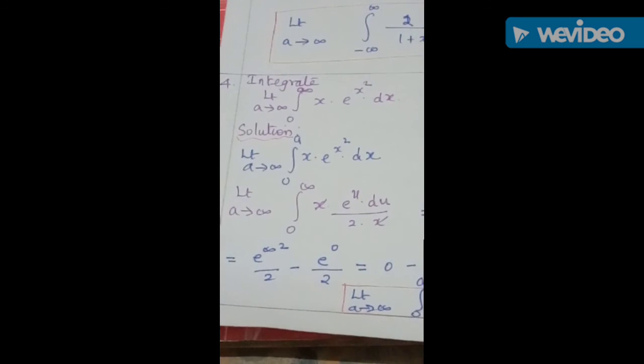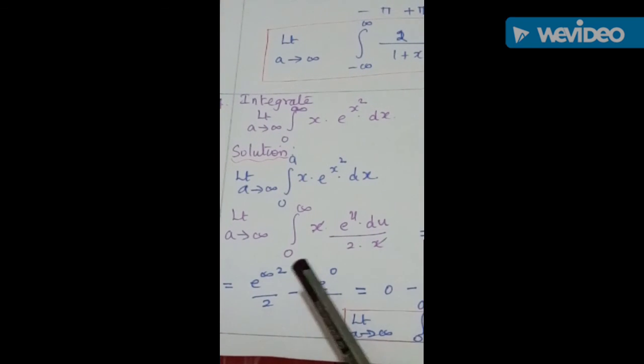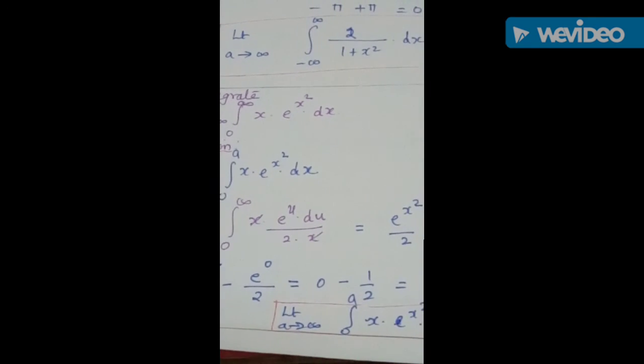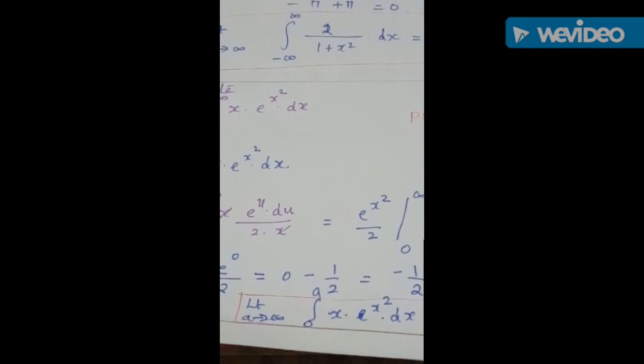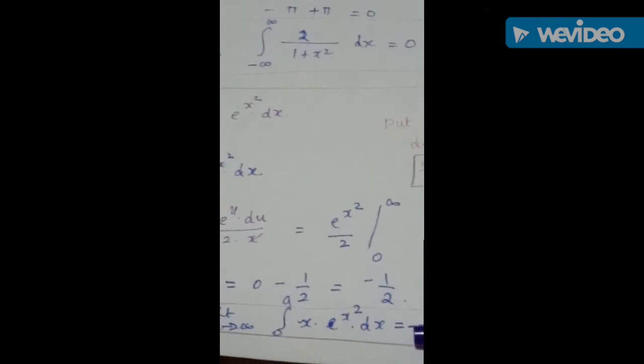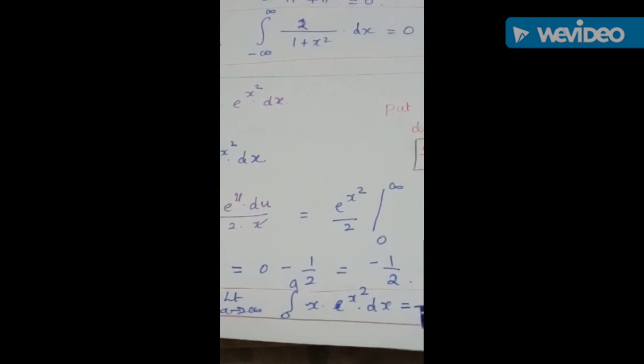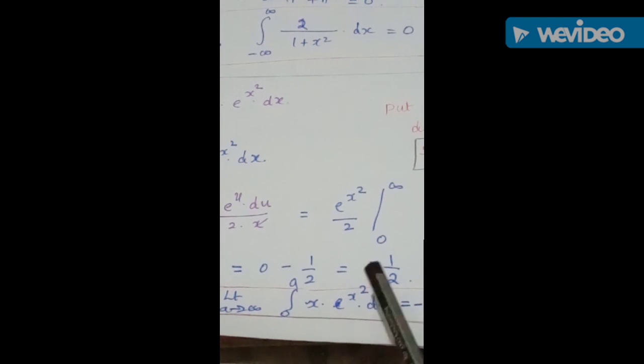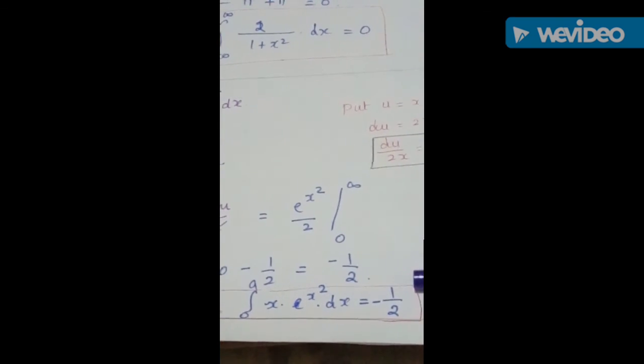Substituting the limits, you have e power infinity squared divided by 2 minus e power 0 divided by 2. Then e power 0 equals 1, so 1 by 2, that is minus half. The answer is limit a tends to infinity, integral of x into e power x squared dx equals minus half.